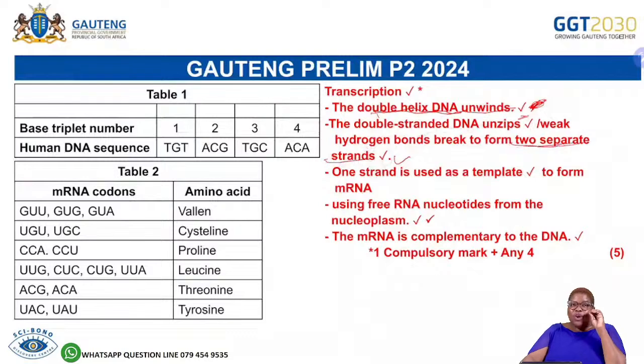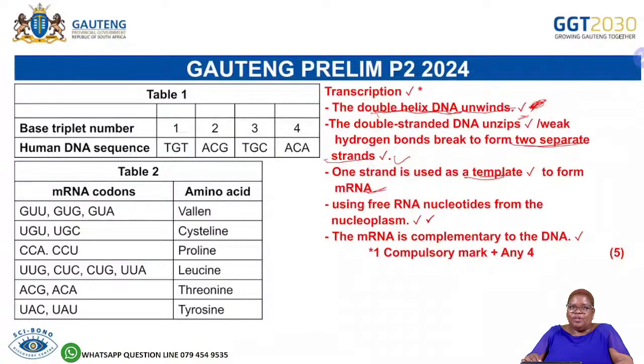This is very, very important again. So we need to see the logic as you're writing, as you are describing. Go back to your Bible, which is what? Exam guideline. Two strands are being formed. One strand. So it's going to be one strand, not each strand, just one of them. One strand is used as a template to form what? mRNA.